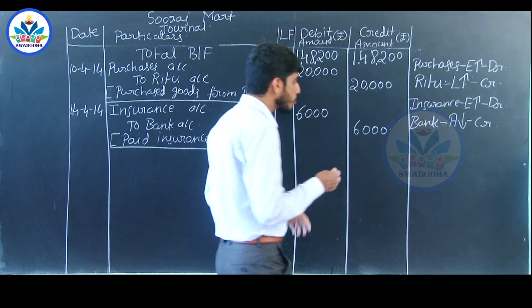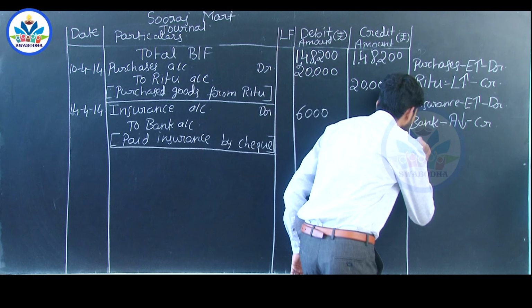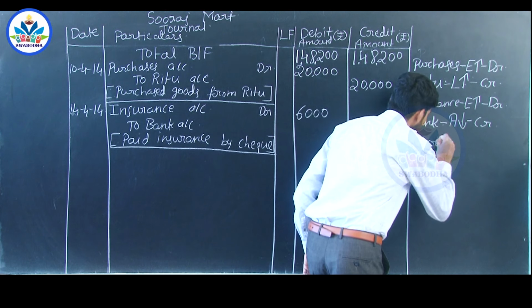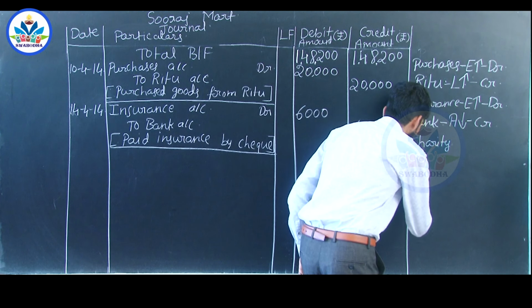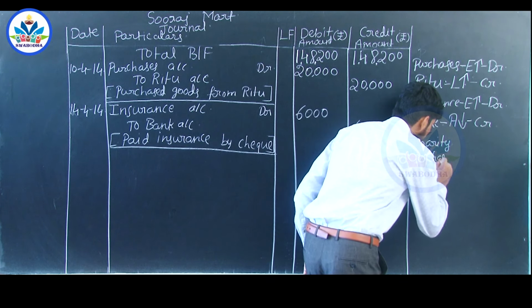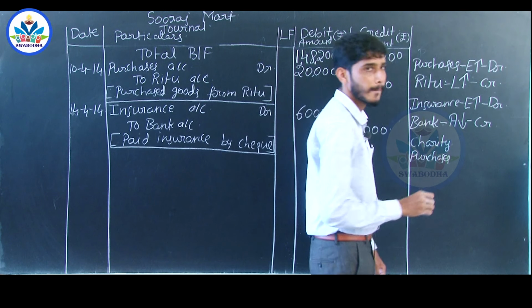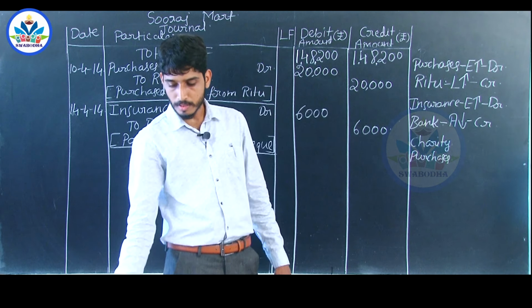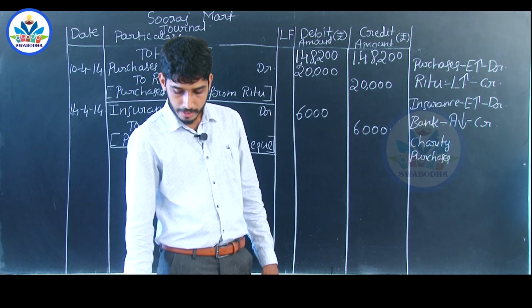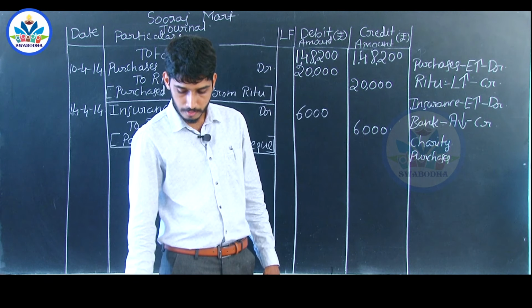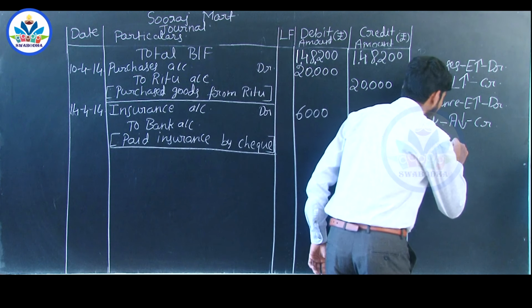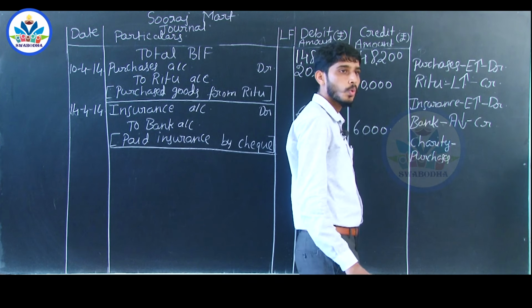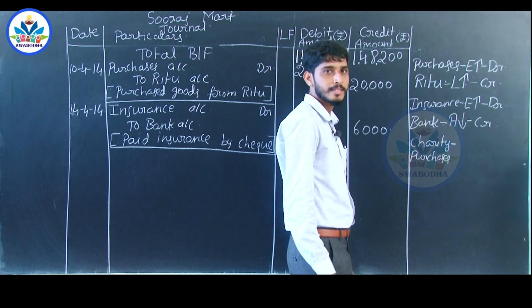So, the two accounts involved are charity account and purchases. Charity means you are giving away some goods out of social concern.